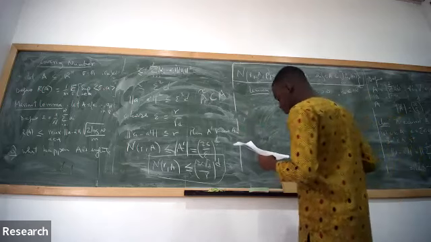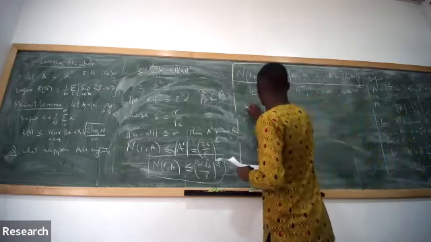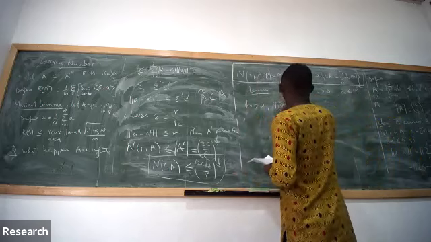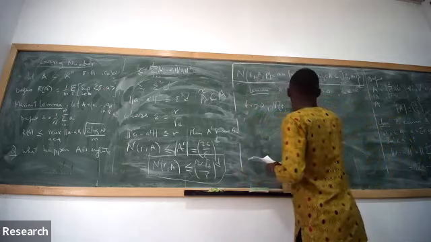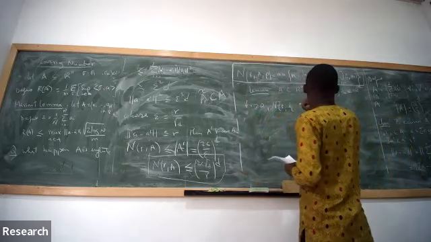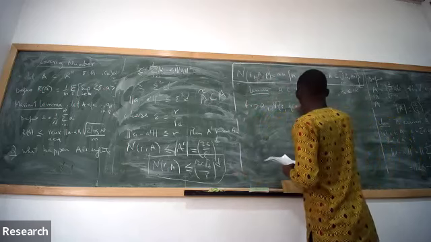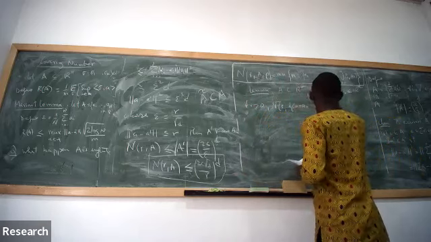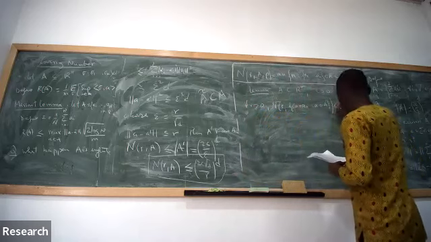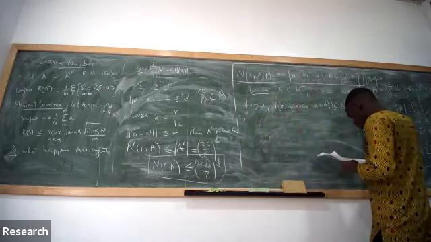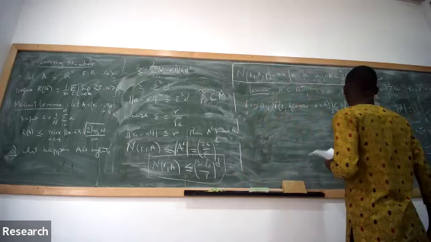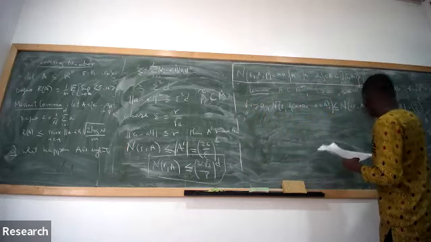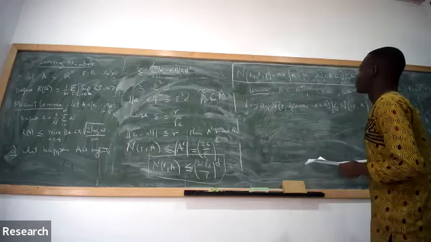So here, for every R greater than 0, the covering number of the set CA plus A0 at scale R is less than or equal to N of A at scale R over C.